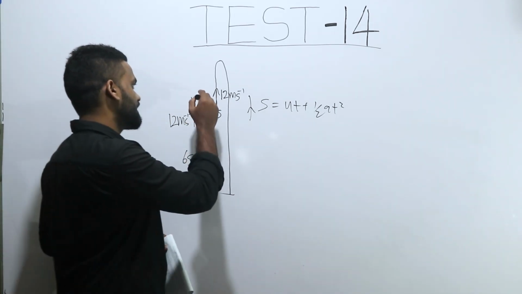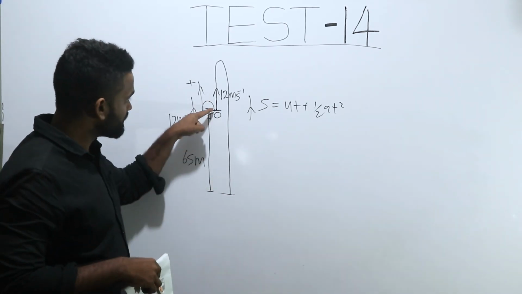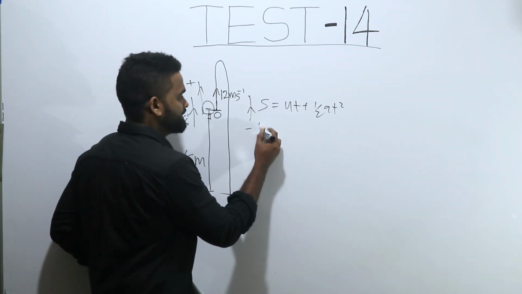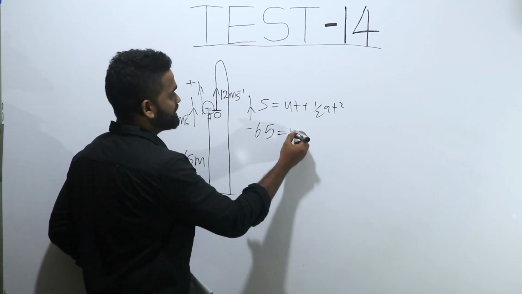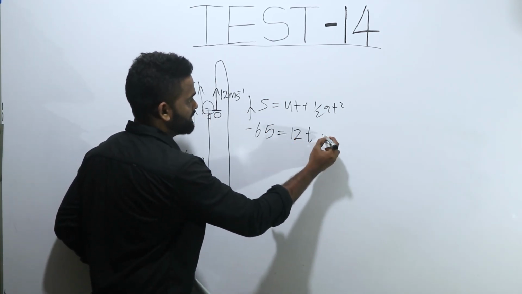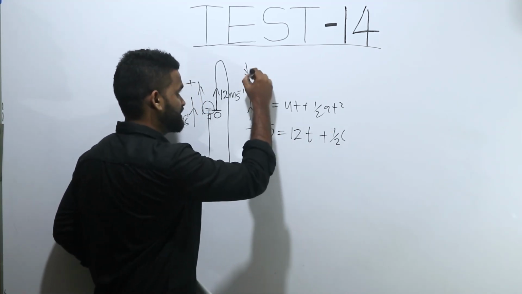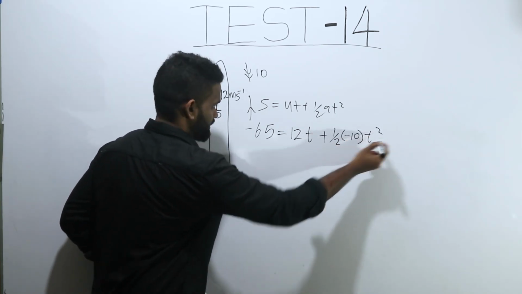But if we take the positive side to be upwards, this displacement is negative. So finally, it has a negative displacement, and the initial velocity upwards is 12, so 12 times t plus half. Gravitational acceleration is downwards, so it is negative 10 t squared.